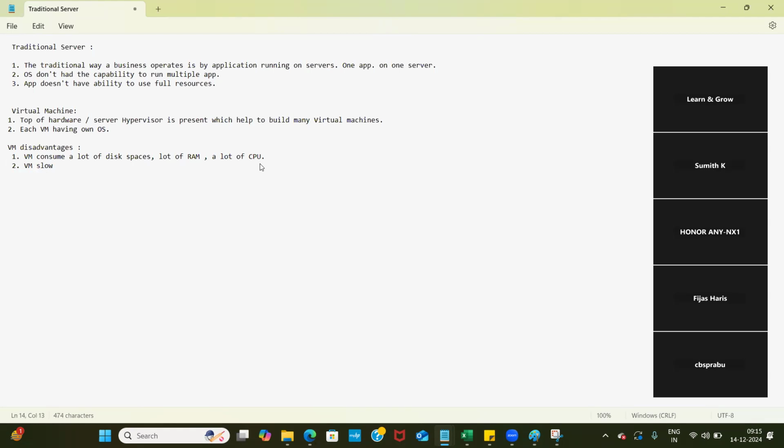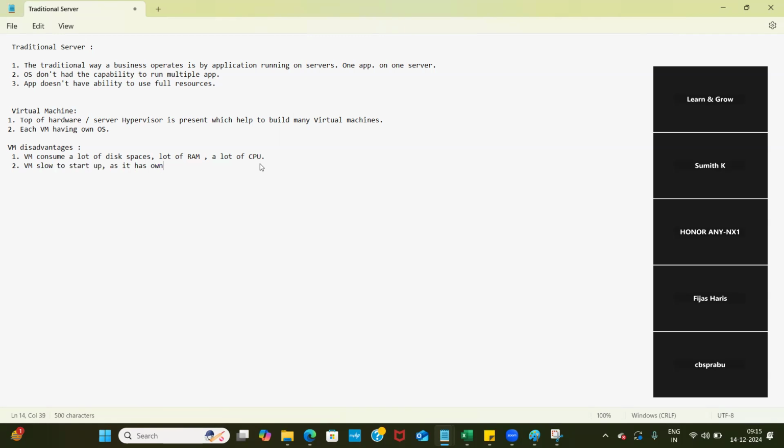VMs are slow to start up. Can anybody tell me this point? It's heavyweight compared to a container. Yes, Sumit, a container is lightweight, you are correct.